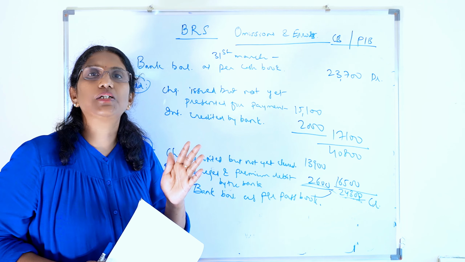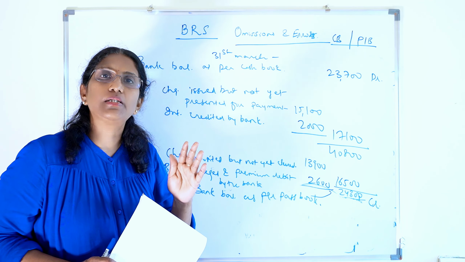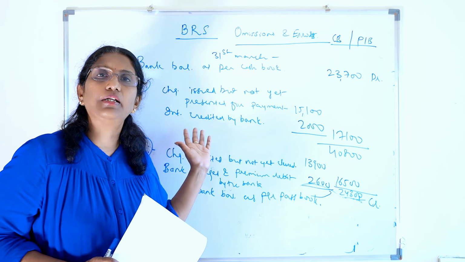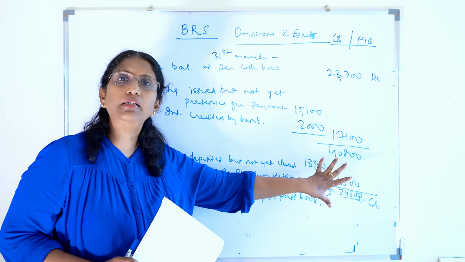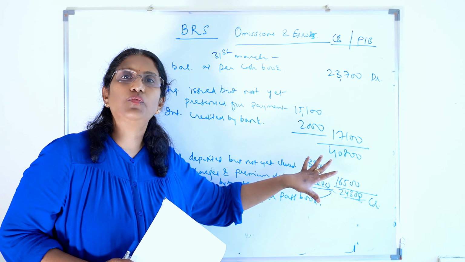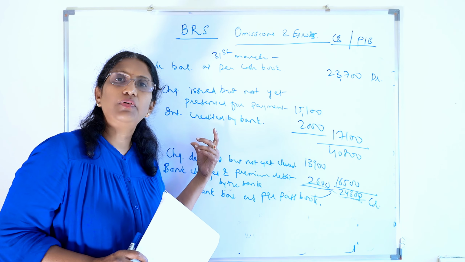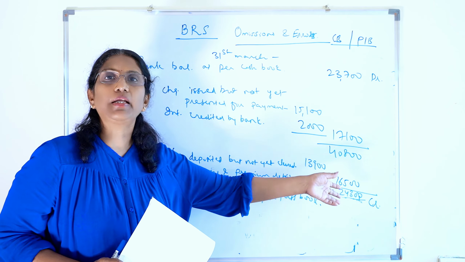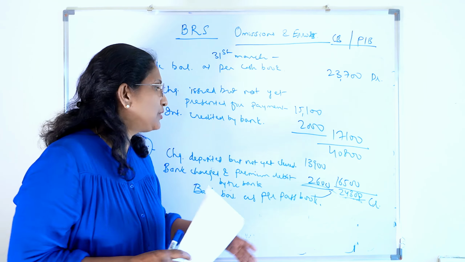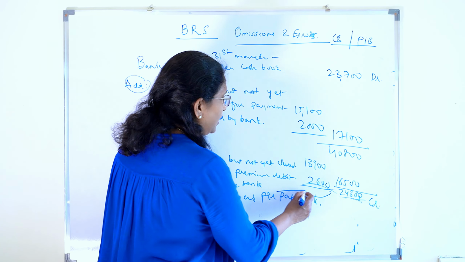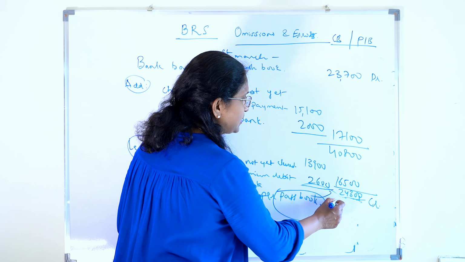Remember, some of the transactions are initiated by the passbook itself. So if it is deducted in the passbook and it is missing in the cash book, and you want to find out the passbook balance from the cash book balance, you have to exactly minus to arrive at the passbook. So again and again I am telling which book you are reaching. If you are reaching the passbook, keep in mind what is happening in the passbook.